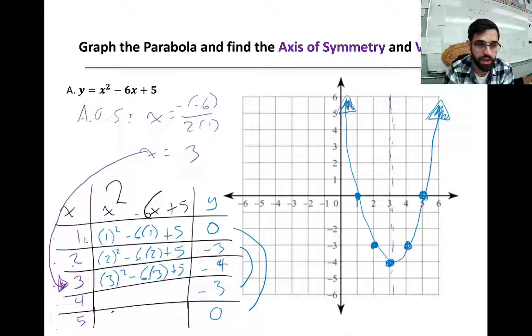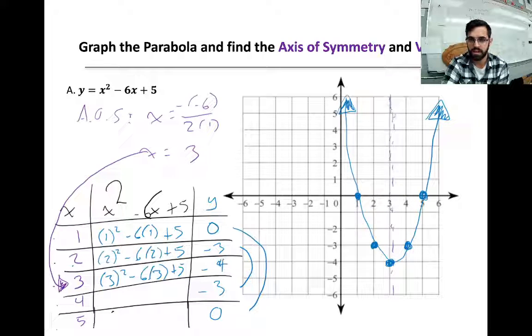Anyways, 1, 2, and 3 we're going to plug in for x. We're going to evaluate and get y values of 0, -3, and -4 respectively. Now we don't have to evaluate 4 and 5 unless we think we made a mistake, because we found y values all the way up to the axis of symmetry, which means 1 goes to 0, 2 goes to -3, and 3 goes to -4.